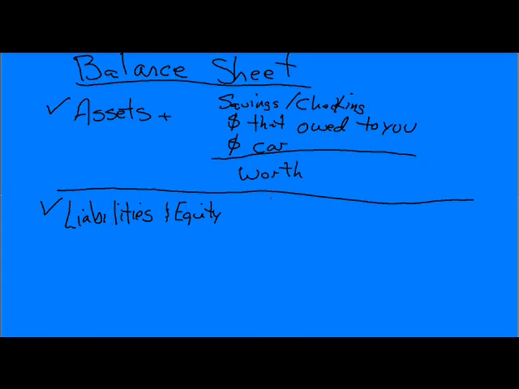Okay? Now your liabilities are obviously the exact opposite of that. So your liabilities would be your accounts payable, or dollars that you owe to somebody else. Anyway, that is dollars that you owe other people. That is a liability. In other words, dollars that you may have in the bank, but you're going to be paying out.